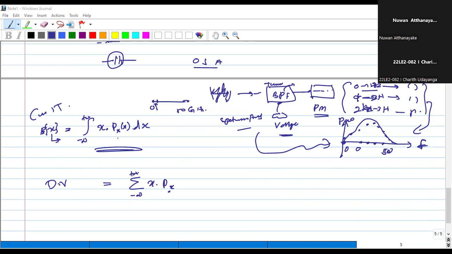Expected value formula maybe. This is a mean. I told you that is a mean.